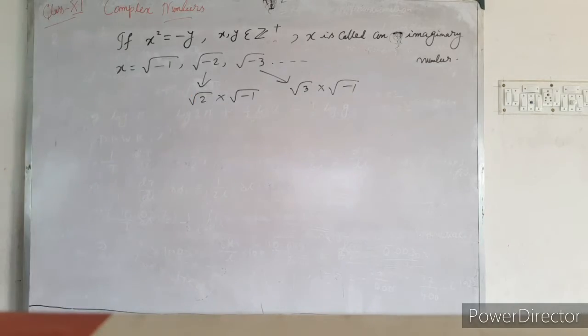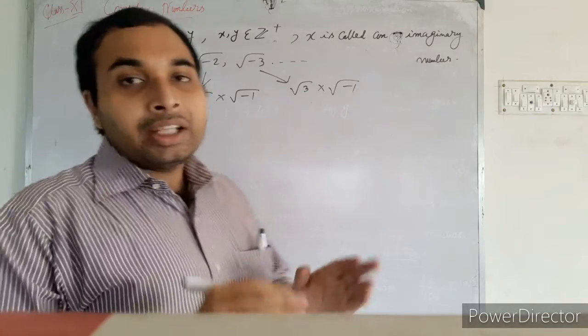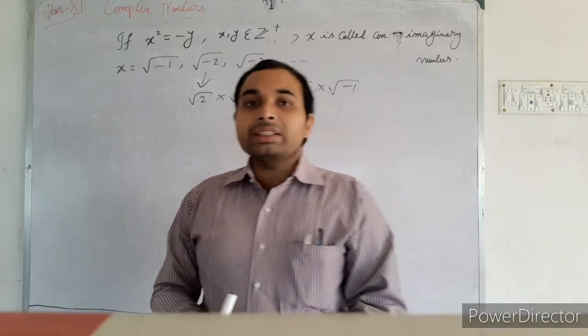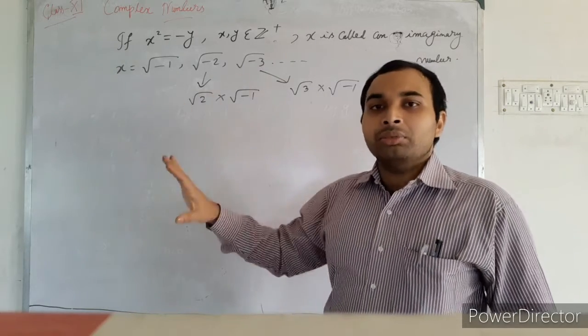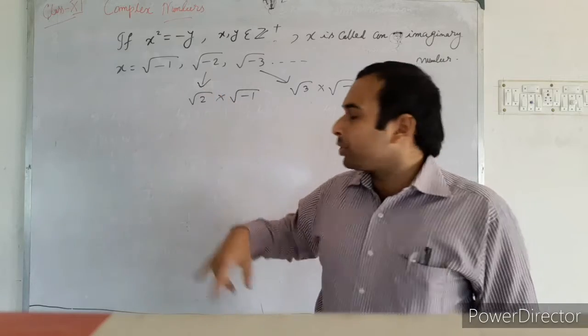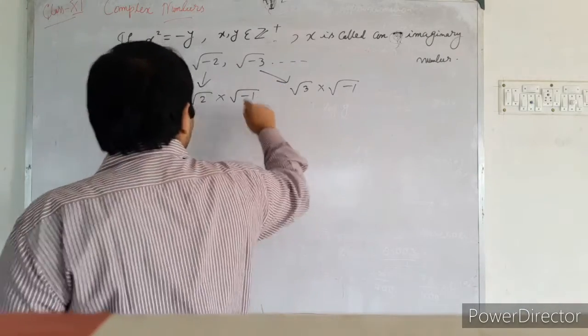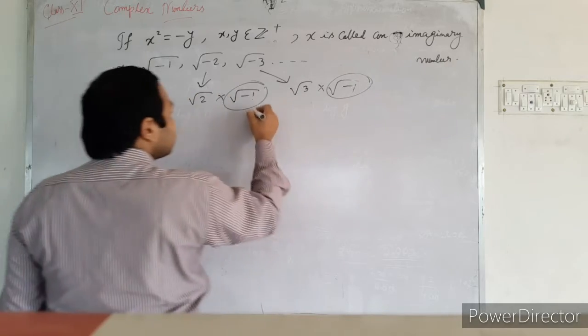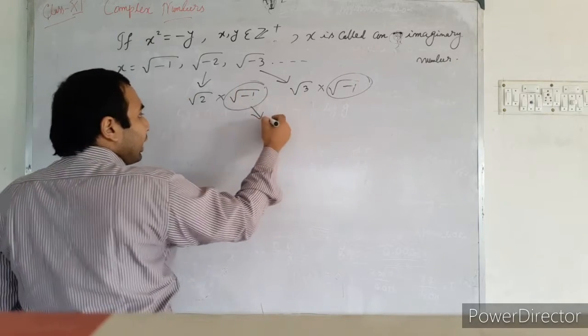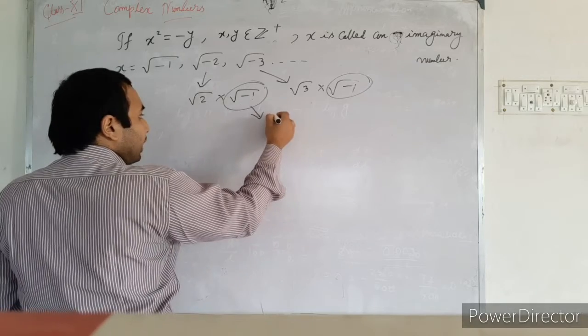That means any imaginary number can be represented as the multiplication of root over minus 1 into some other thing. So root over minus 1 is the base of the imaginary numbers. It can be written as i.